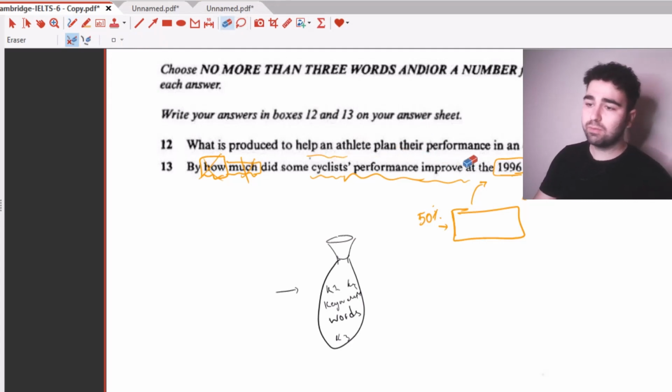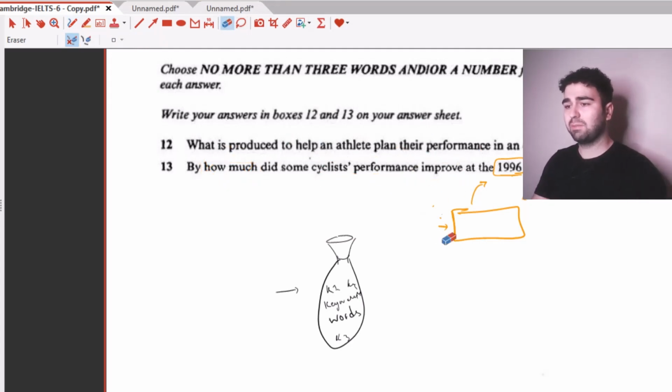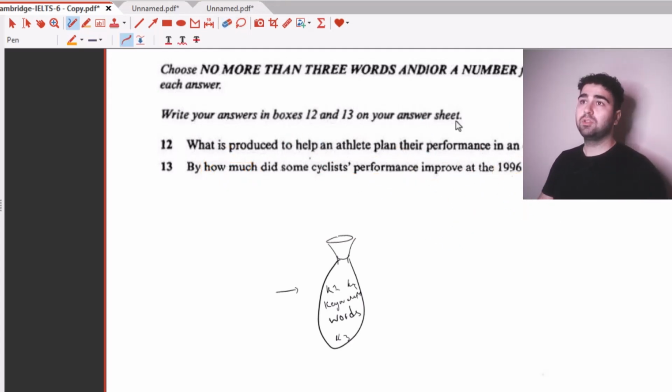Again, performance. Not all of the passage is talking about performance. You might tell me, hey Reza, the passage is about improving the performance, so in every part of the passage you may find it, and I will accept it. So you can forget about performance. Athlete, plan, help, produced, as well as importance.